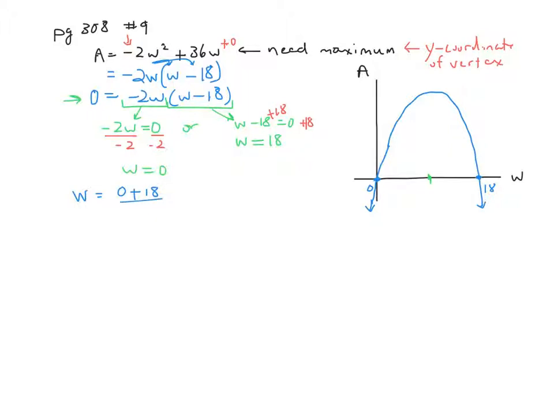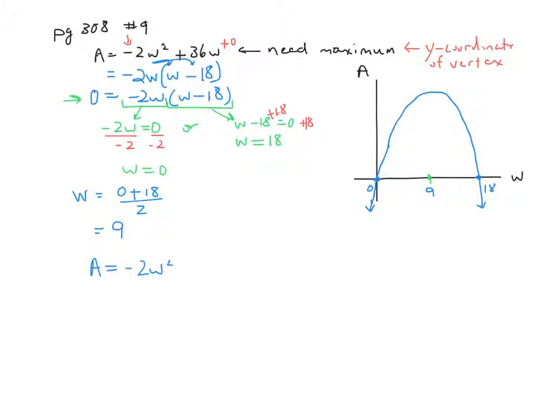It's the midpoint. Now that one's pretty obvious that it should be 9, but in case you're not sure, this is the process that will always work, especially if we're working with decimals. So the value of the width that's going to produce the maximum area is 9, and now to get the actual maximum area, we're going to take that 9 and substitute it back into the area equation.